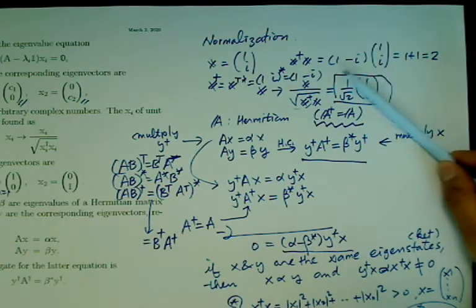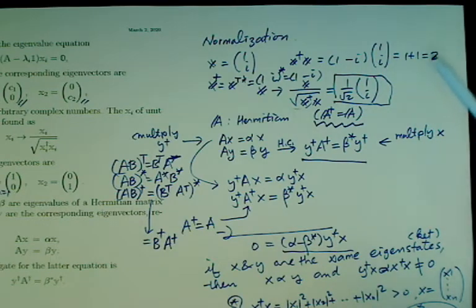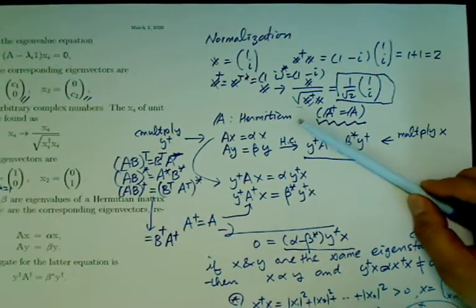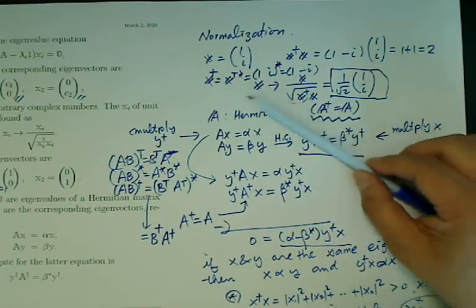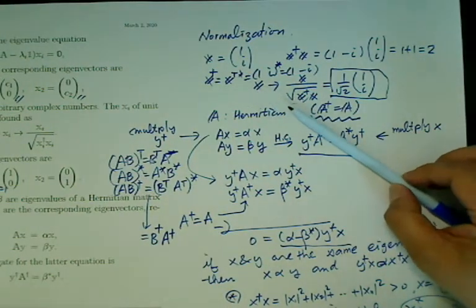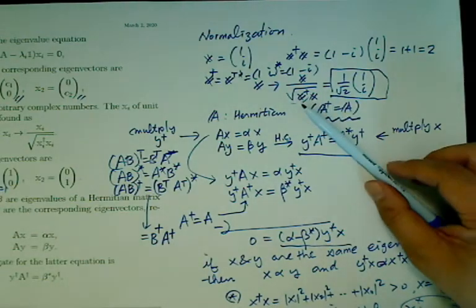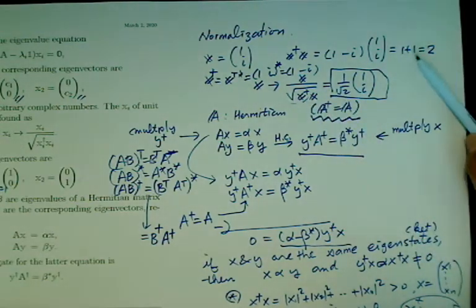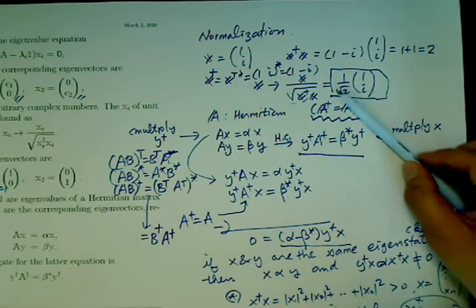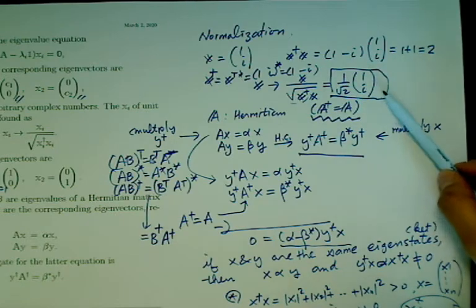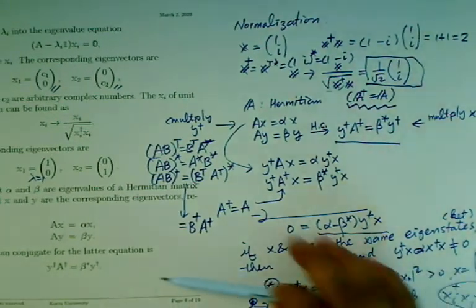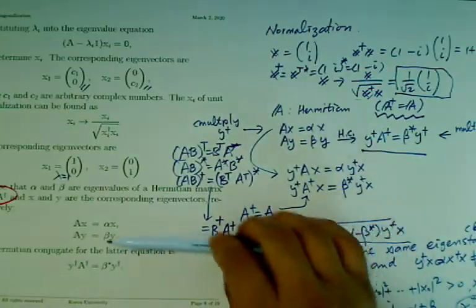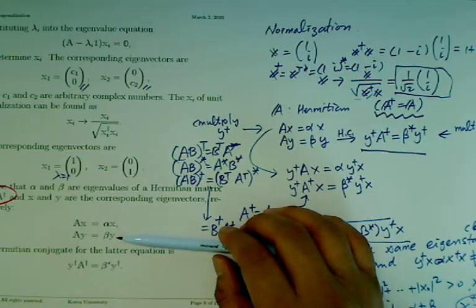If we multiply these two, our normalization is 2. So we define the vector x by dividing by the square root of this normalization. We find that 1 over square root of 2 times (1, i) will be the normalized eigenvector. Next, we consider two eigenvalue equations.